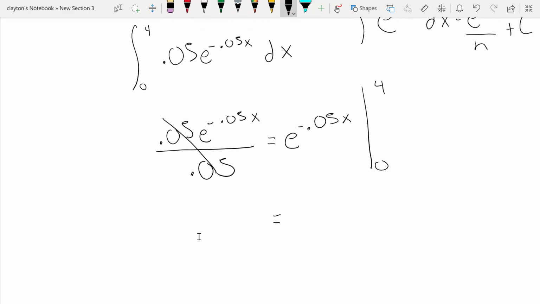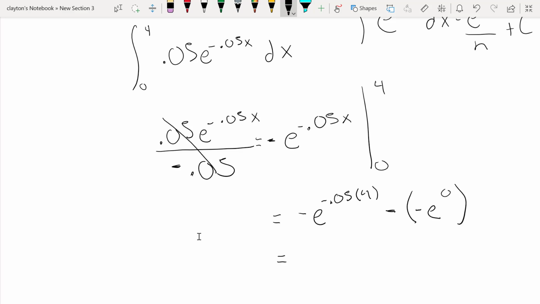So if I plug in, oh, there should be a negative sign, sorry, right? We're dividing by a negative. So there should have been a negative that we still get. Almost messed up. So we have negative e to the negative 0.05 times 4 minus a negative e to the 0. And if I plug in 0, I just get 0.